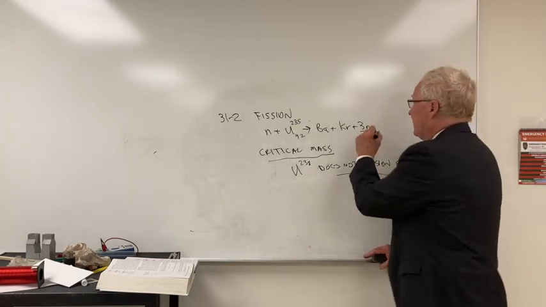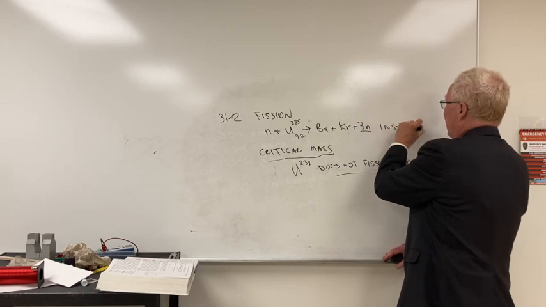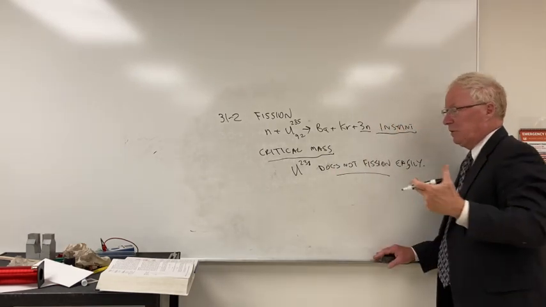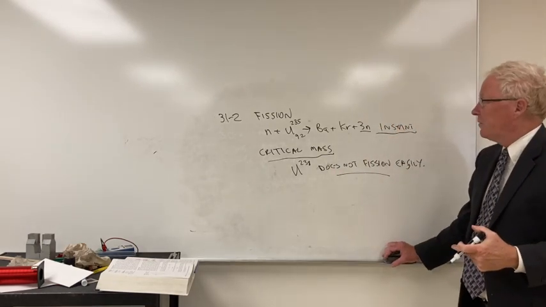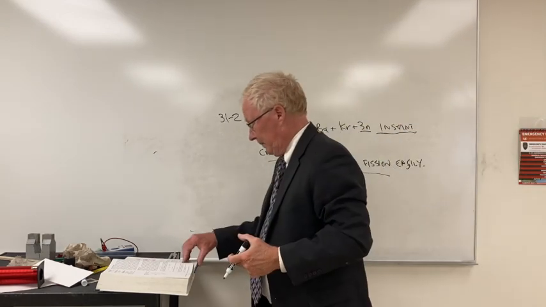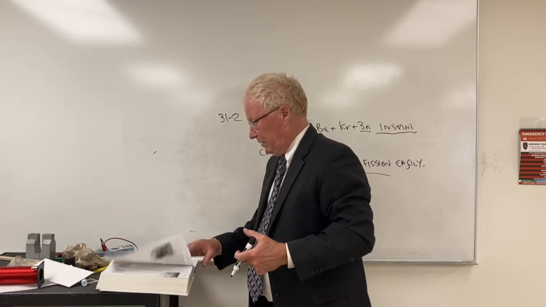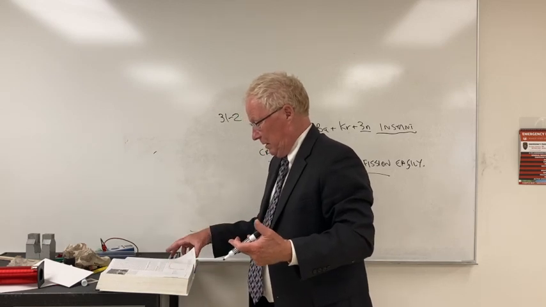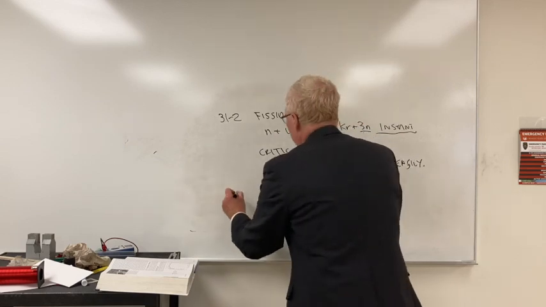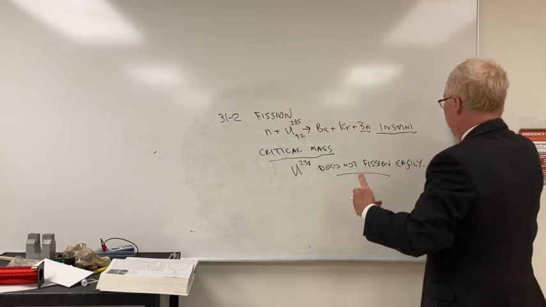And again, this is instant, which is how the atomic bomb was able to be developed. So that's fission, as far as that's concerned. You get into nuclear reactors, you get into that part. So that's fission, it breaks down.